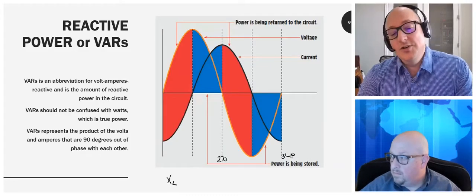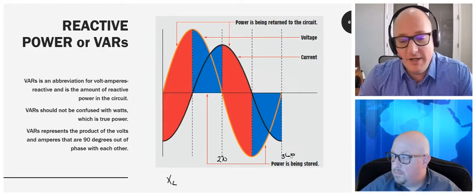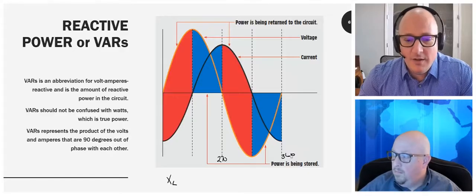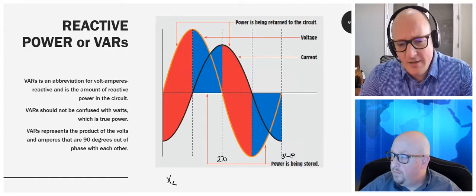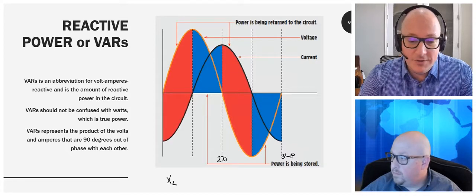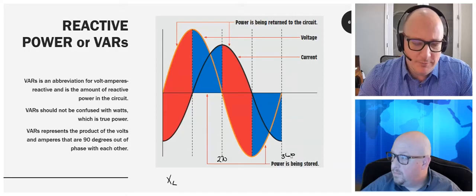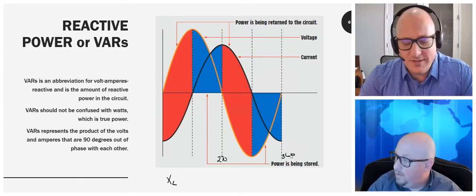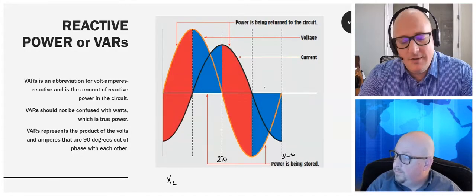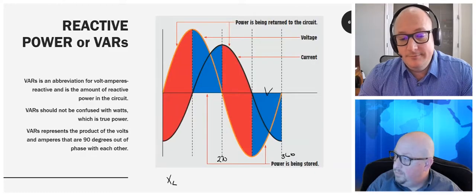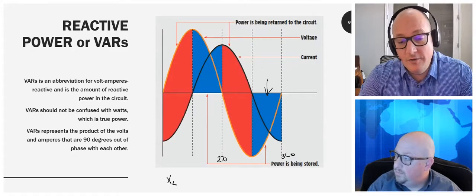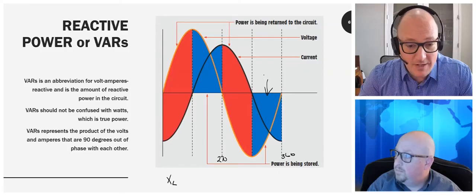So that's why I joke that two wrongs make a right in this case. In that last quarter of the cycle, voltage and current are both in the negative. So in the blue portions of this 360 degrees of rotation, we're getting power out in the form of a magnetic field. So we're creating a magnetic field.